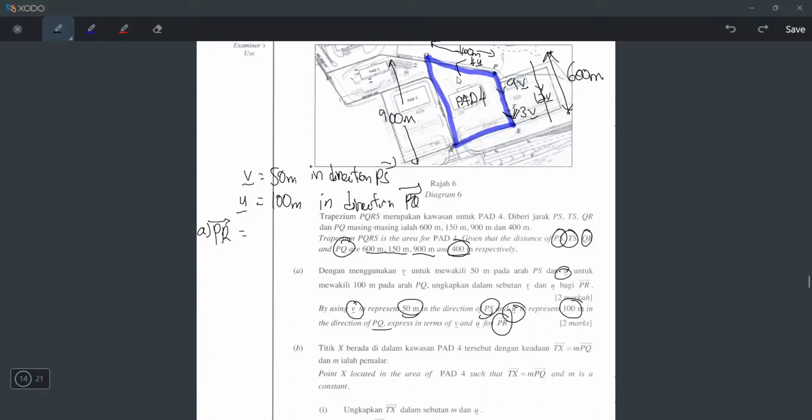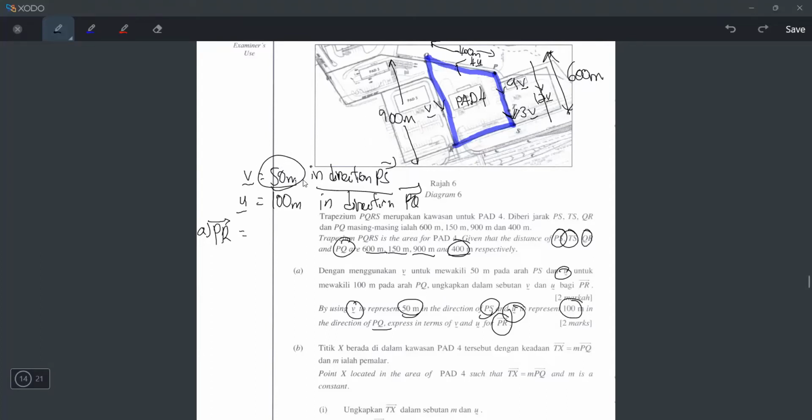Yes, actually. Remember just now they said use V to represent 50 meter in direction of PS. You have to know PS and QR are parallel because this is a trapezium. If they're parallel, it means they have the same direction, so you can also change it to V. But how many V?